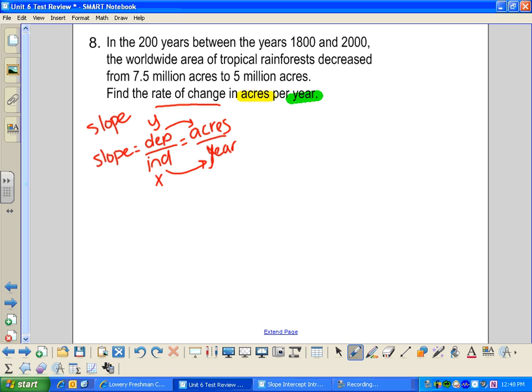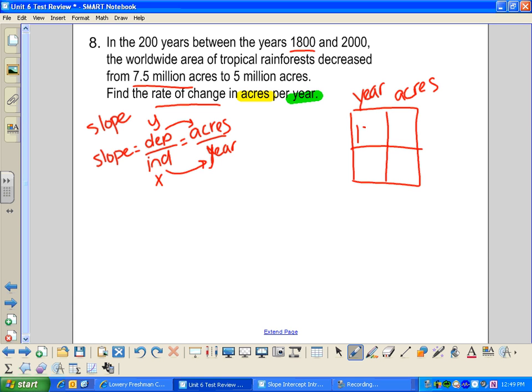So I know that in 1800, there were 7.5 million acres. I'm going to make a little table here. My x is going to be year, and my y is going to be acres.